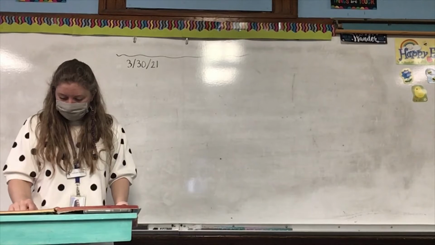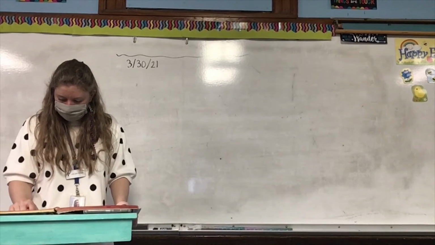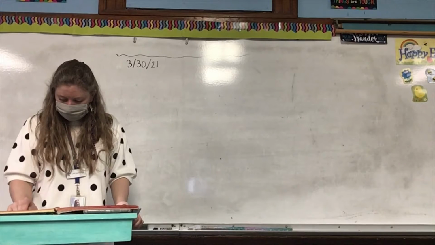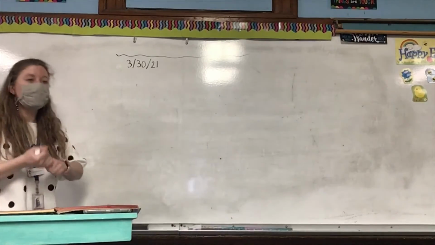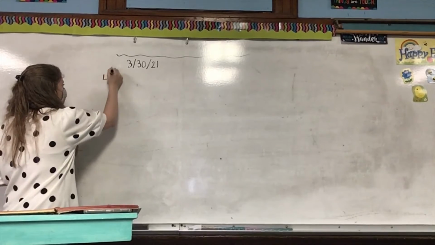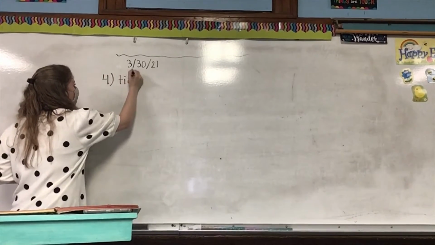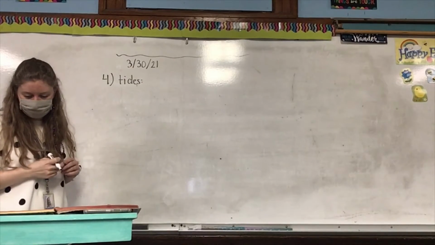Earth's tides. The moon's gravity causes tides. Tides are the daily rise and fall of the ocean surface. Let's add that word. So yes, we'll go ahead and put number 4, which is the word tides. And what are tides, Smith?